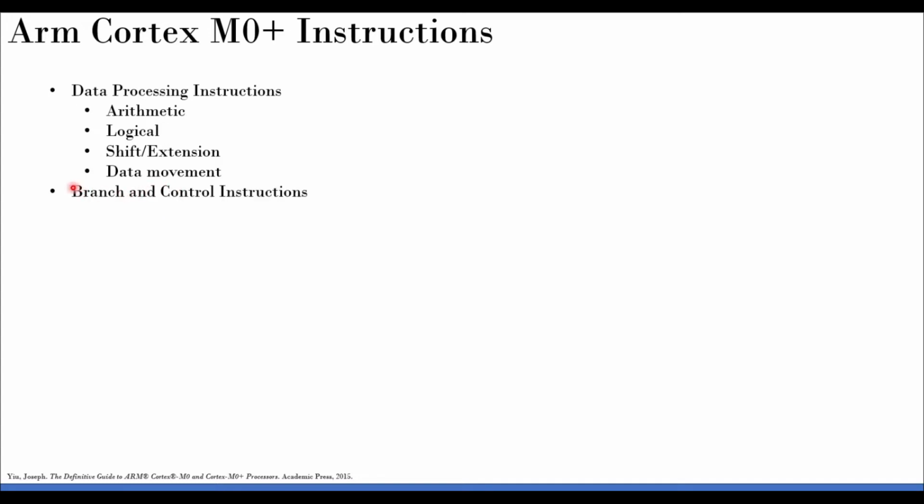Then of course, for programming per se, you have the branch and control instructions, like the if, while, and for loops that you generally write in C code. They get transformed into branch or control instructions. And then we have some miscellaneous instructions, like breakpoint, which we may not use that much, but it's worth noticing them as well.